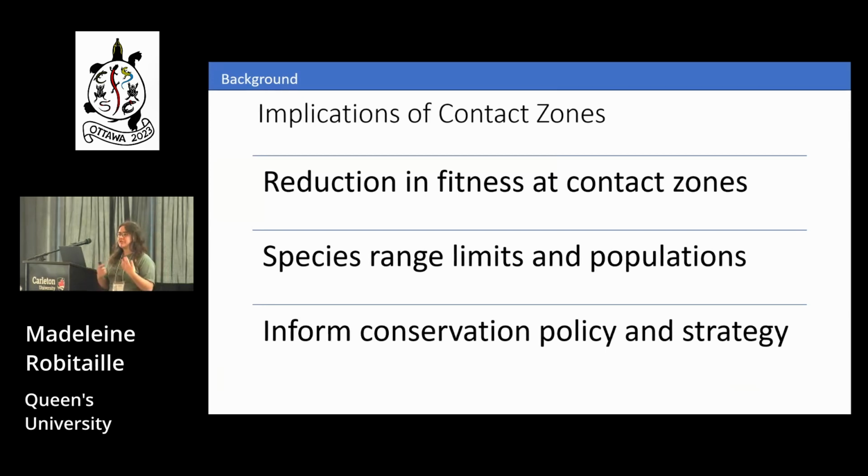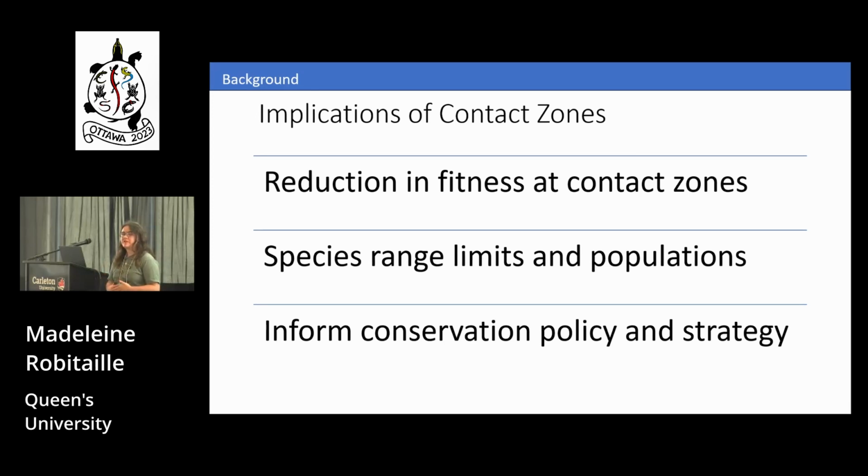Contact zones have particular ecology and implications for the species that are involved. At contact zones, organisms can experience a reduction in fitness. This can occur if organisms have a similar ecological niche to their heterospecifics. So in areas where they're sympatric, they are competing for similar ecological niches.